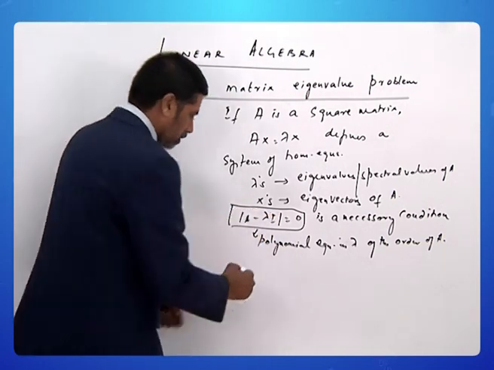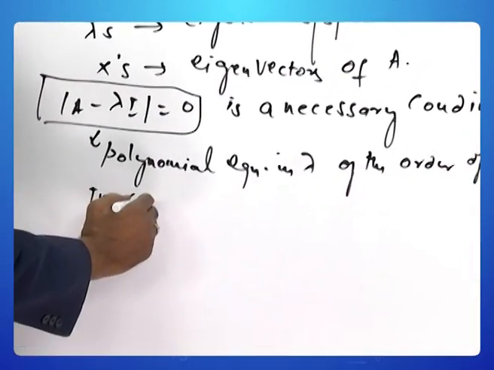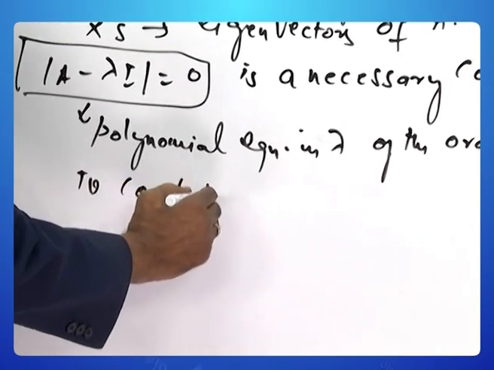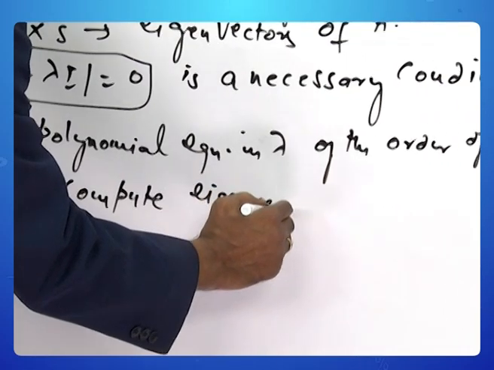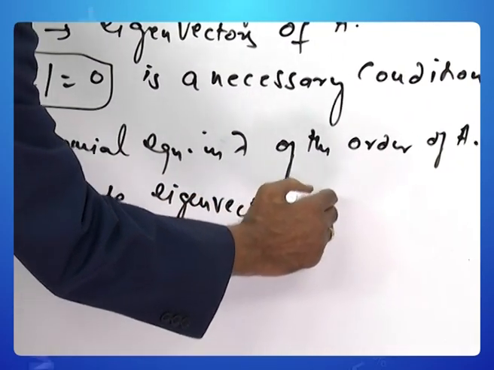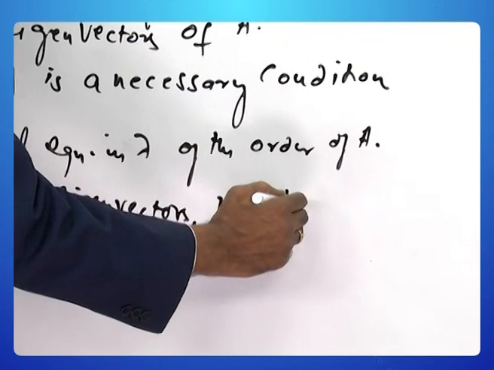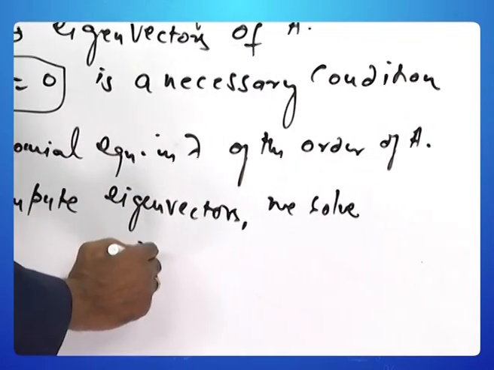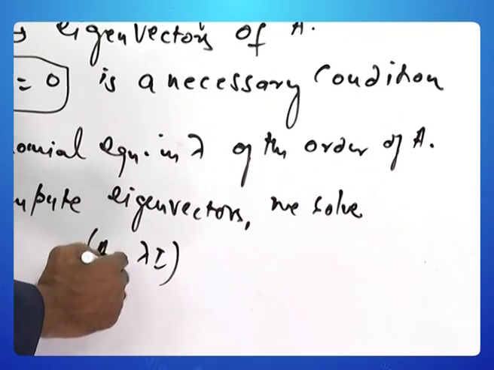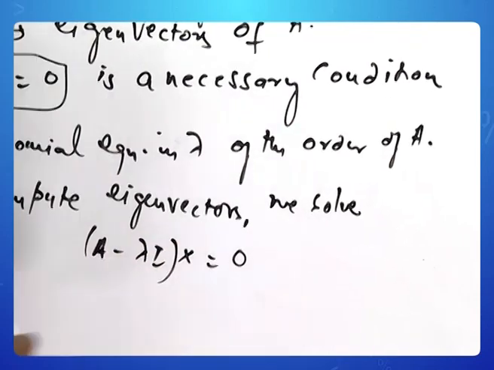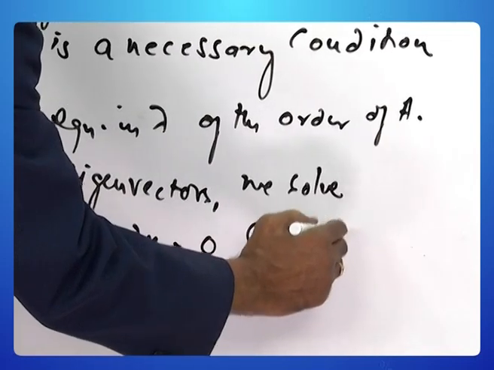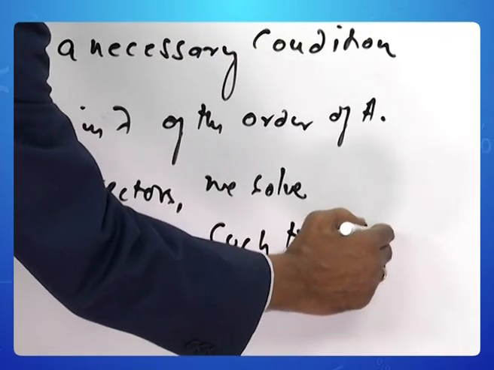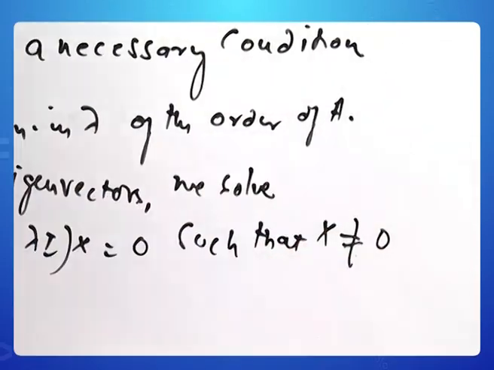compute the eigenvectors. So to compute eigenvectors, we solve the homogeneous system A minus lambda I into x is equal to 0 such that the vector x is a non-zero vector.